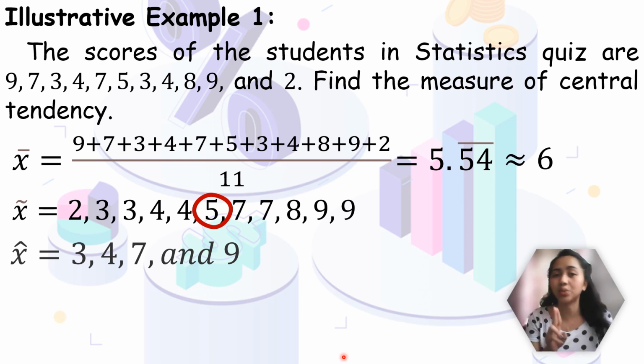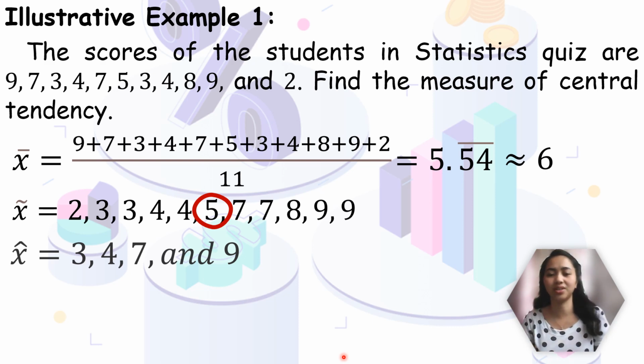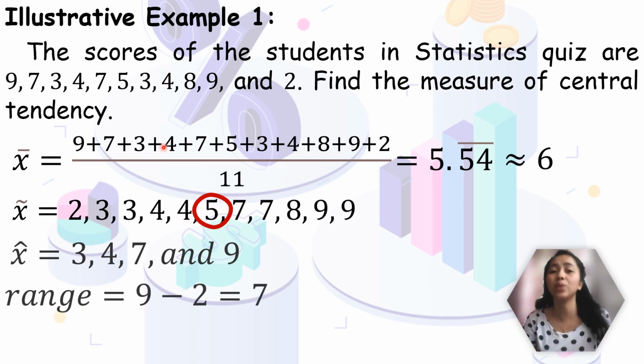When we say difference, what is the operation to be used? Right, that is subtraction. So now, what is the lowest here? That is 2. 9 minus 2 will give us, yes, 7. Therefore, the range of the given set of data is 7.